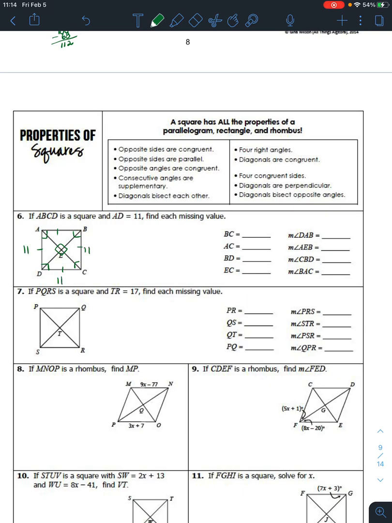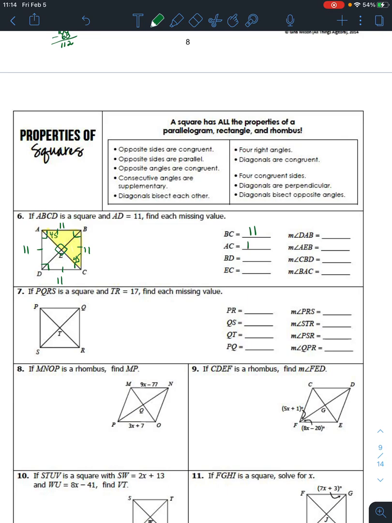So if AD is 11, I know that all 4 sides are 11. So BC is 11. AC is a diagonal. Now, you have a couple of options with AC. If you remember back when we did 45, 45, 90 triangles, then we know that this is a 45, 45, 90 triangle because those diagonals have been bisected, and each one of these is 45.